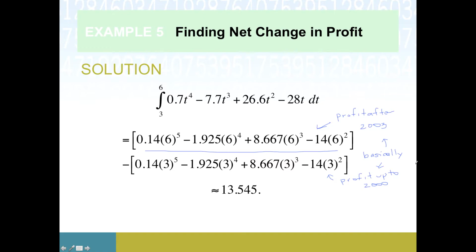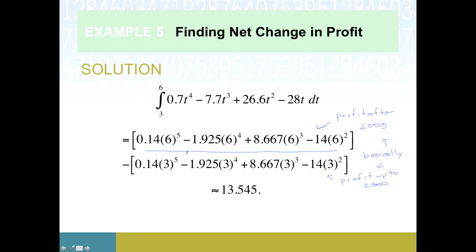But so we're saying, look, essentially, if you take the difference in profit from 2003 to 2000, you subtract those, that's the difference, you're going to get how much profit changed between 2000 and 2003, which is exactly the question that we were answering. So we're undoing this derivative, this rate of change in profit, in order to get back to basically profit functions, so that once we take their difference, we can figure out how much profit has changed.